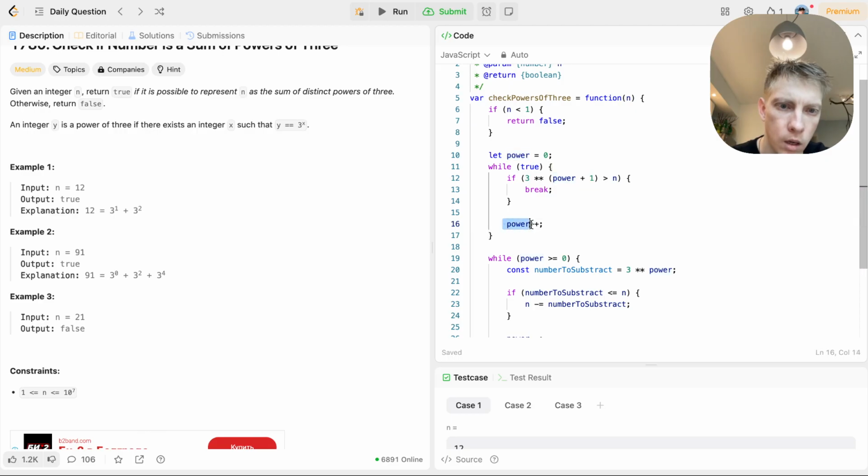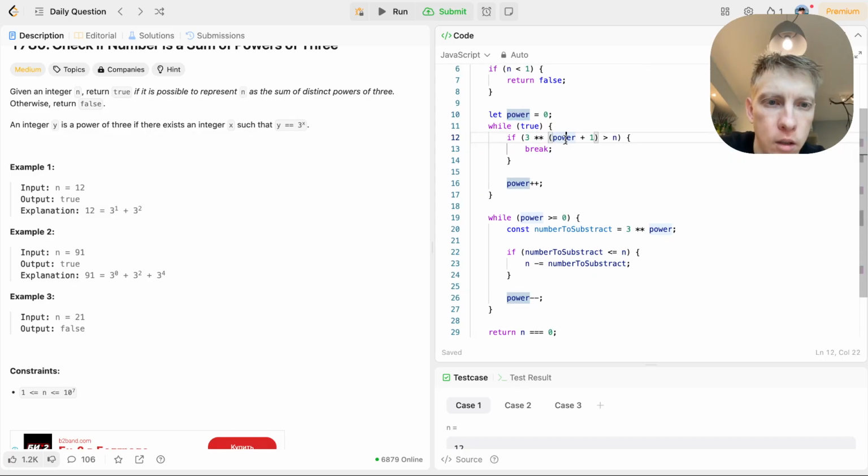Then we're making it 3, and 3 to the power of 3 is bigger than n. Here we are getting false, so the power would be 2 in the end.